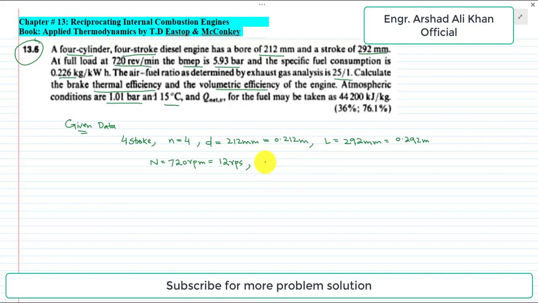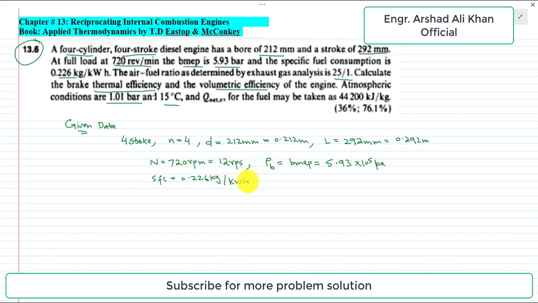Also, the brake mean effective pressure BMEP is equal to 5.93 bar. So converting it to Pascal, we will write a 10⁵ factor with this. Specific fuel consumption SFC is 0.226 kilogram per kilowatt hour.